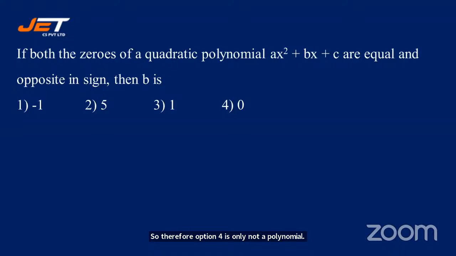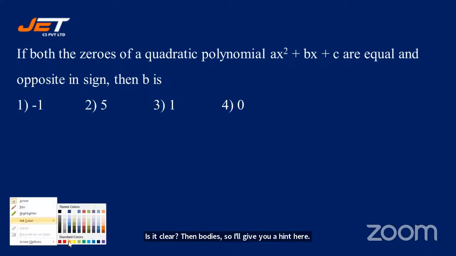If both the zeros of a quadratic polynomial ax square plus bx plus c are equal and opposite in sign, then what is b? Is it clear? I'll give you a hint here. Quickly work it out and give me the answer.